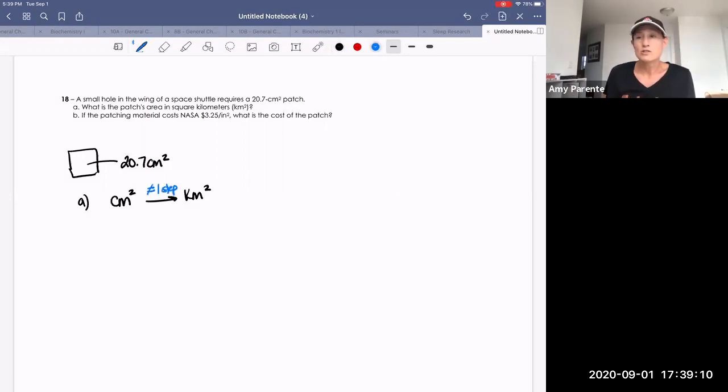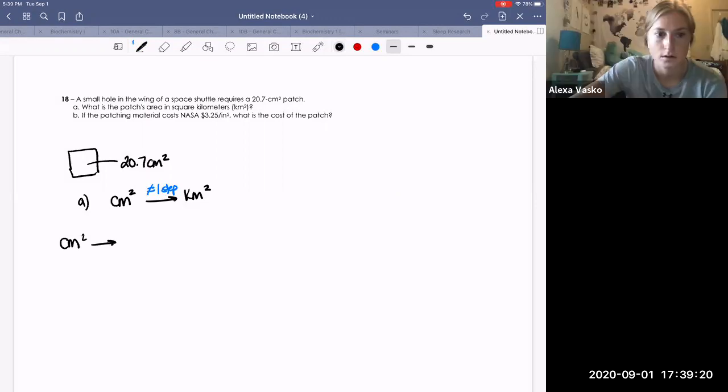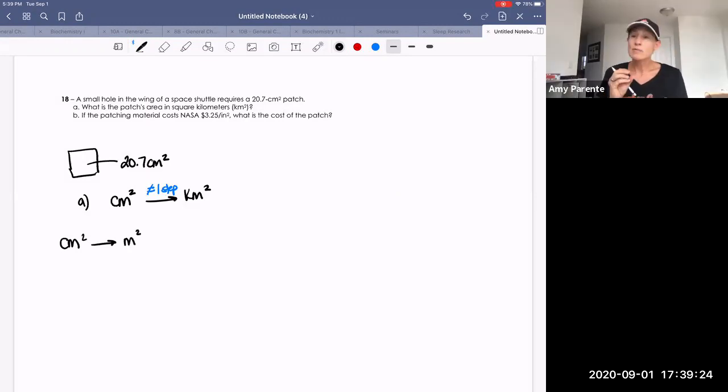I don't know a direct connection between kilometers and centimeters. So what I need to do is go from centimeters and walk to something that I do know. Well, I do know walking to meters. And what I'm going to do here as I make my roadmap is remind myself of the factor difference between these different things. This is what we call those prefix conversions.